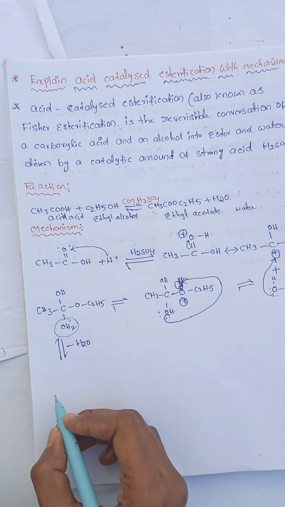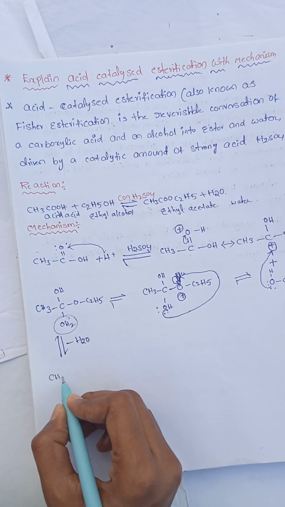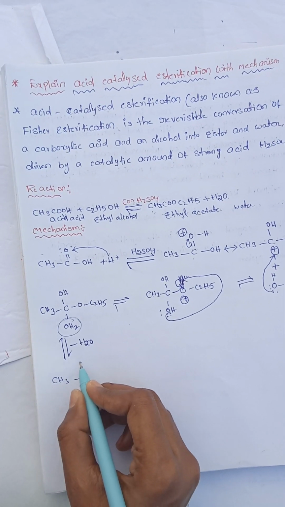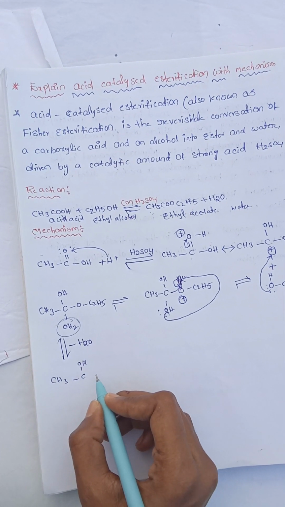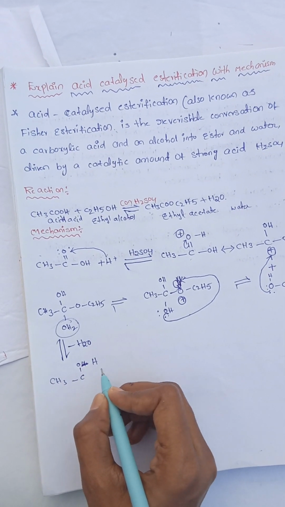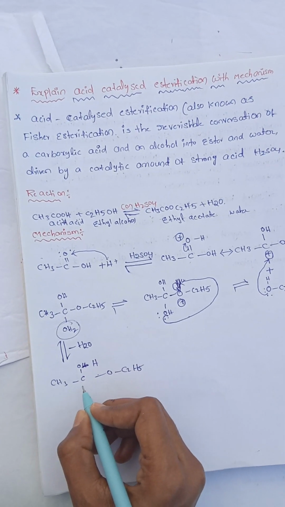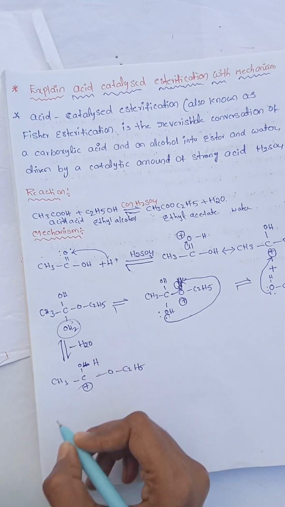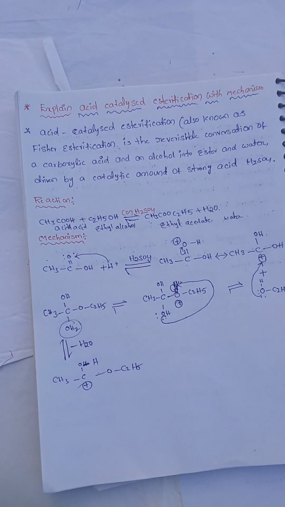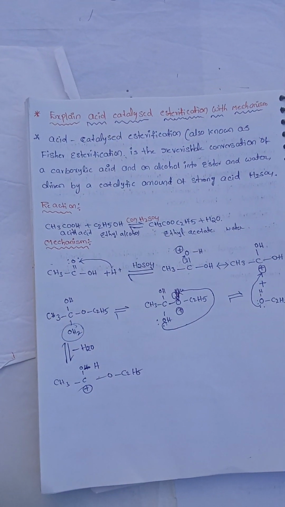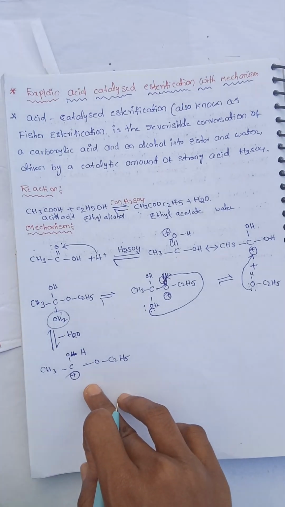Now we have to write CH3C, with OH written like this, and oxygen C2H5. That carbon gets what charge? Positive charge. When the carbon has a positive charge, again you have to nullify it to reach the product.